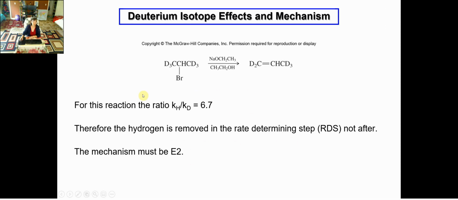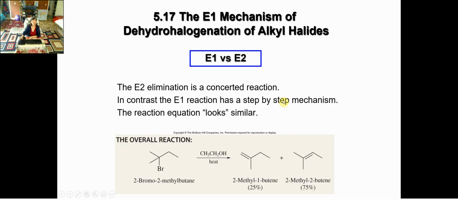So that's what we just discussed. You also need a strong base, sodium alkoxide, in the alcohol solution. This reaction turns out to have a ratio between KH and KD of approximately 6.7. The reaction is also an E2 elimination.